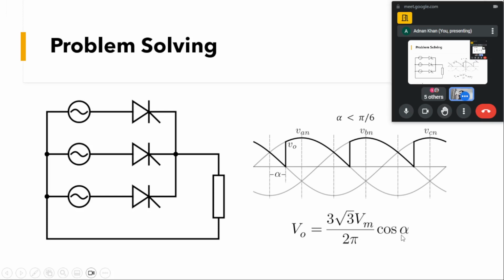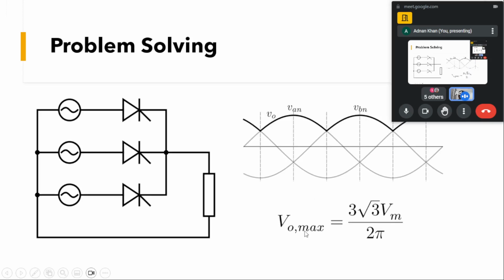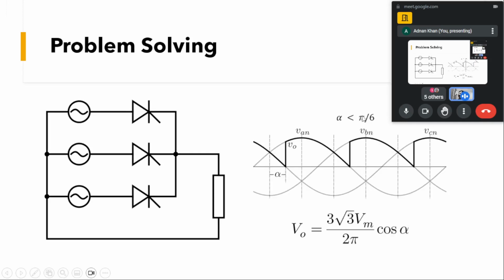If we put the output as half of the maximum here, alpha will become pi by 3 had this been an RL load.